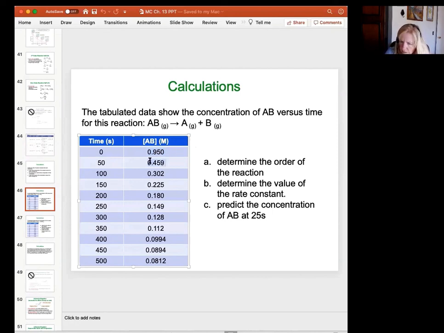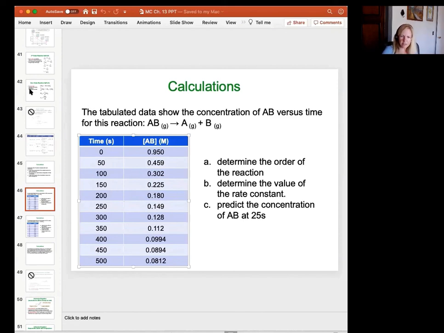This would be close. It would be roughly half. I might find something better. So I might compare this point to this point, because this is almost dropping by half, maybe the 0.302 to the 0.149, where I've had a drop in about half of my concentration. I would look at the difference in time for that, and that's your half-life. So it's the time for the concentration to drop by half.